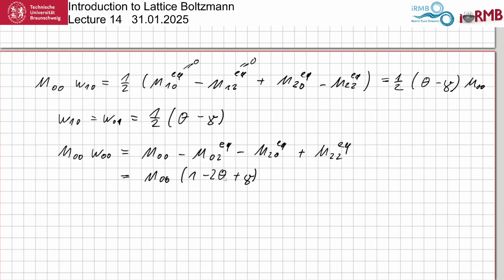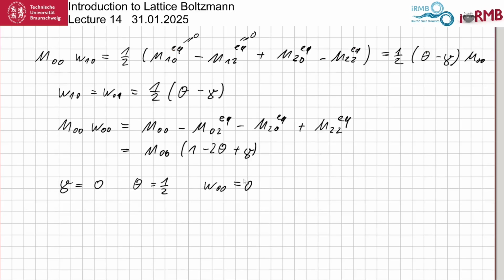There's minus theta in front of here, and basically what we could do, we could say that gamma is equal to 0, and now we could also say that theta is equal to 1/2, right? So then we'll have this guy equal to 0. And there is no reason from a consistency point of view not to do this.